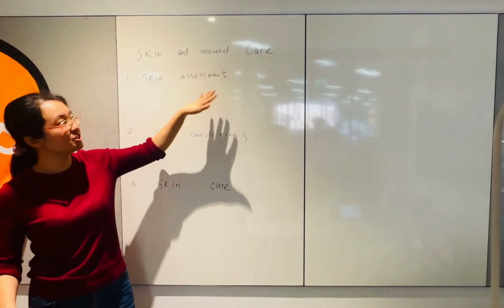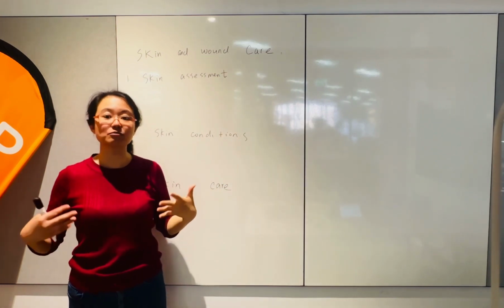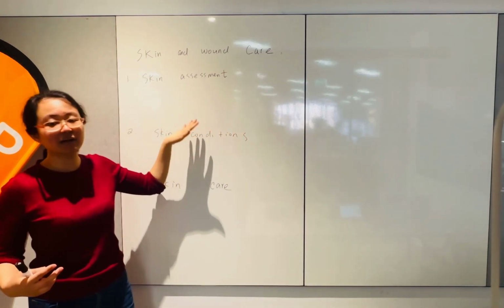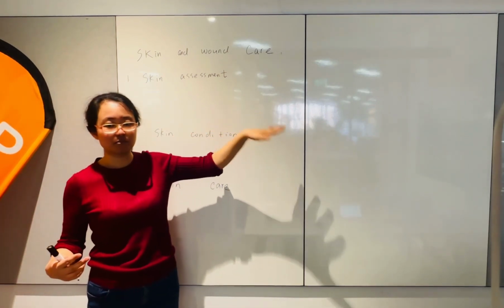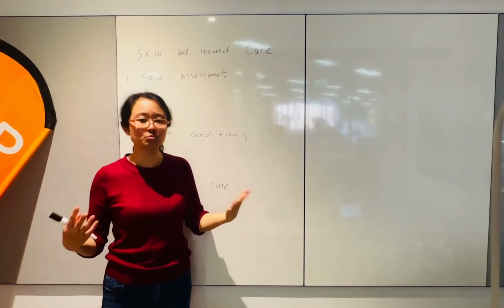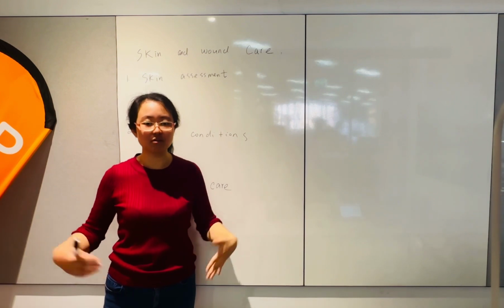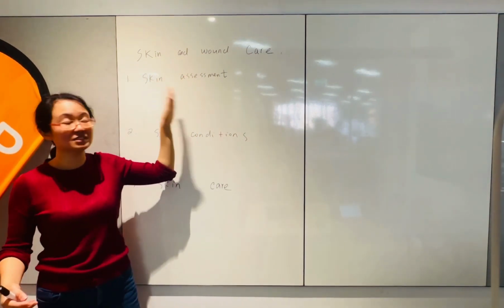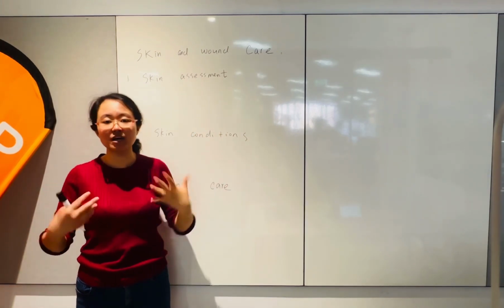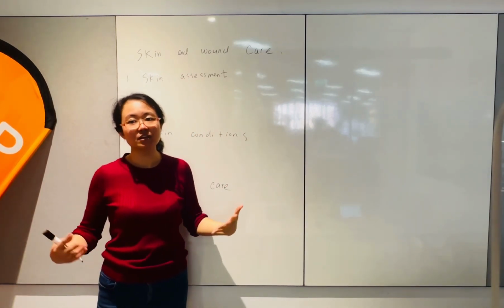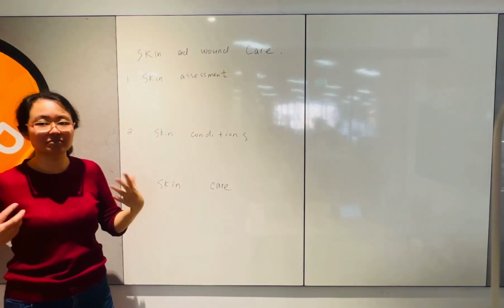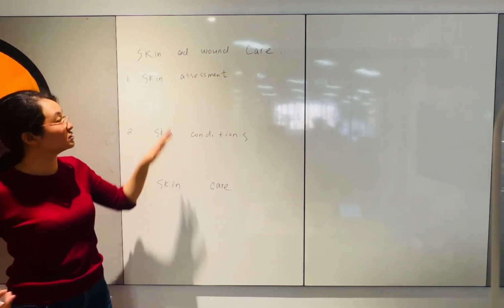If a patient has any kind of wound anywhere on the body, we have to provide very professional wound care to prevent any kind of infection or deterioration. Skin care and wound care is a very vital part of the nursing job. So we will have a look at how to provide the patient with very good skin and wound support.